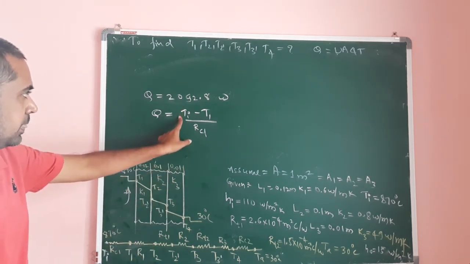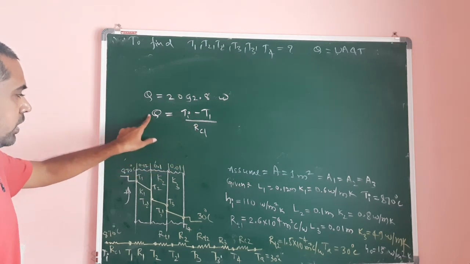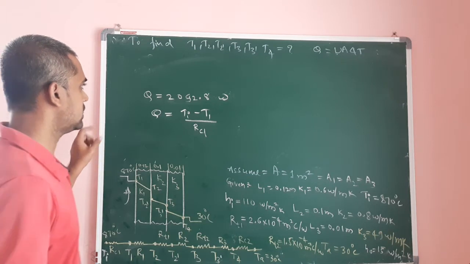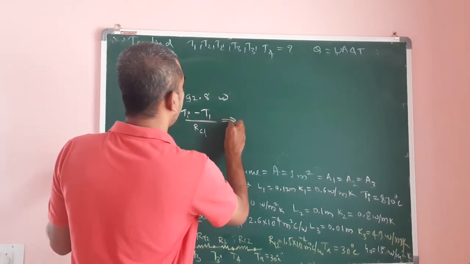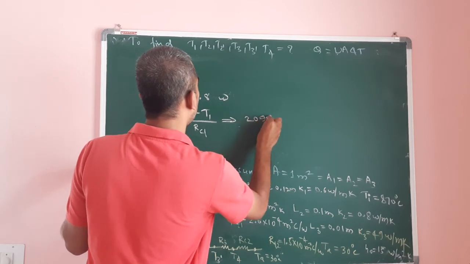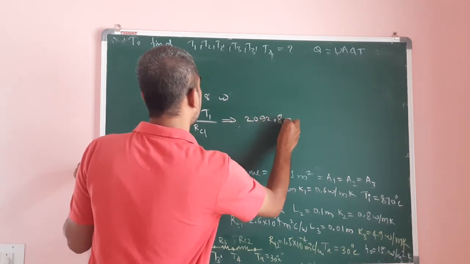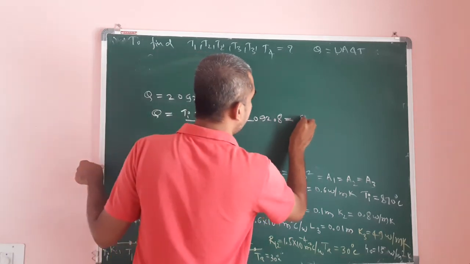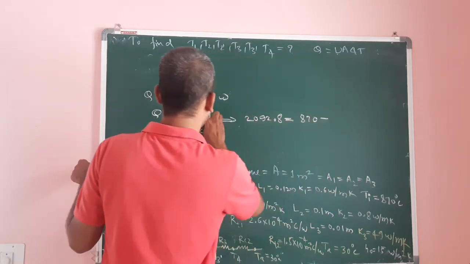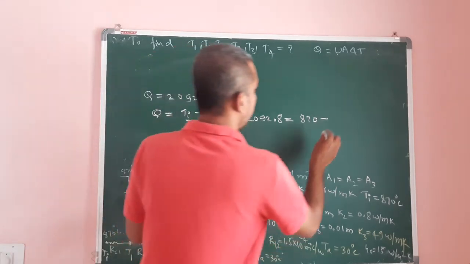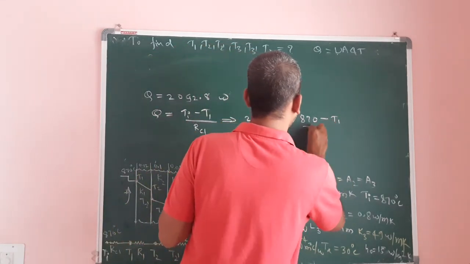We know Ti, we know RC1, we know Q. The only unknown is T1, and we can calculate it here. Q we know is 2092.8. It is equal to Ti, which is given as 870, minus T1, which we have to calculate, divided by RC1.